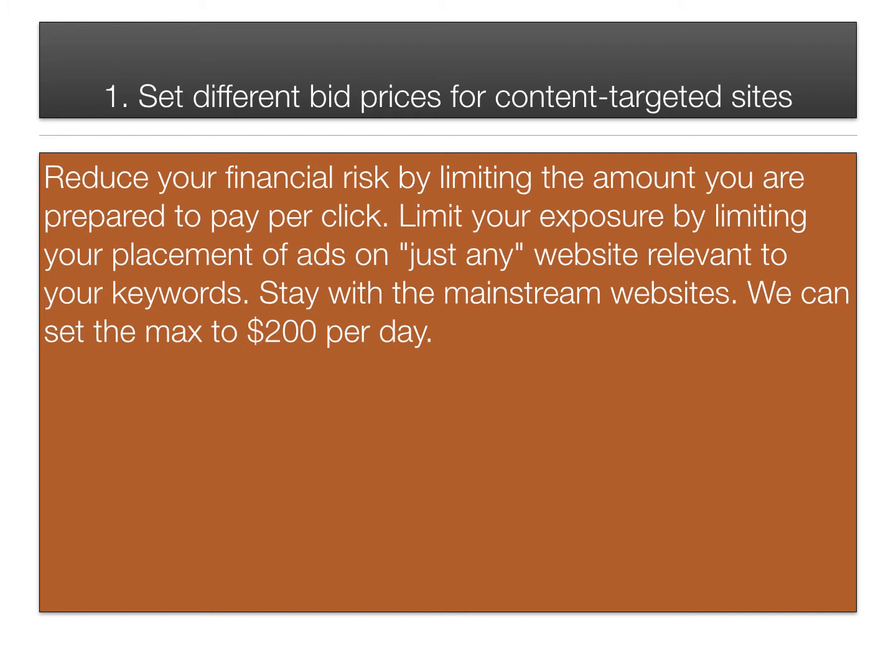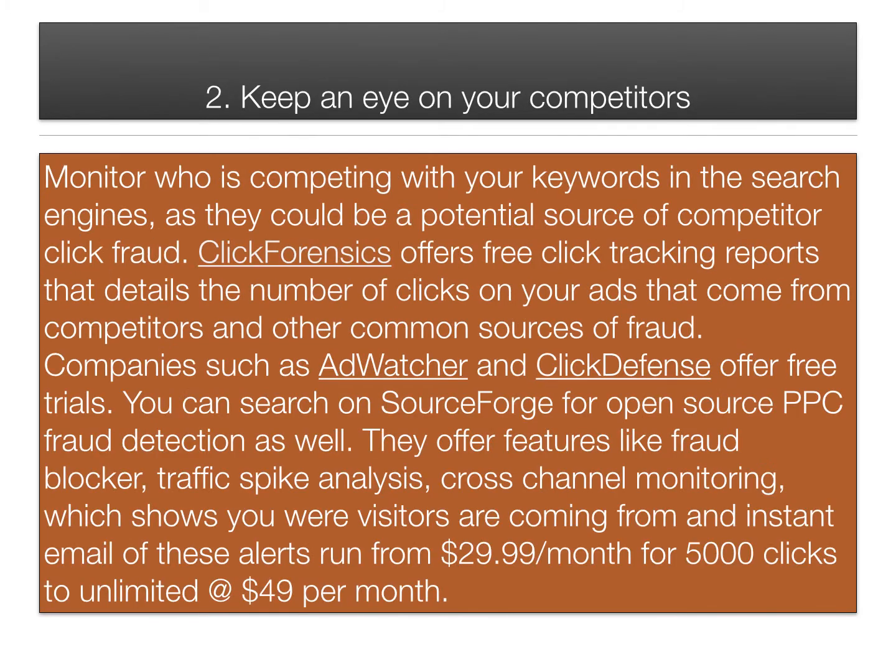So essentially, you want to keep your eyes on your competitors, so you can identify and be more prepared for catching fraud. Number 3, always track your advertising campaigns. You really can't manage your campaign without monitoring your campaign. Google is a good site which makes tools available to advertisers using AdWords programs.